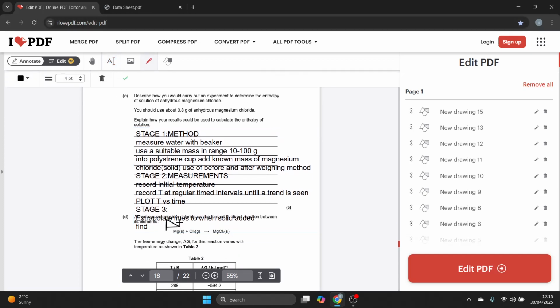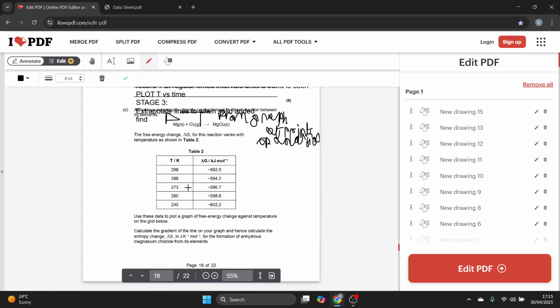Find delta T from graph at point of addition. Okay, and then moving on.